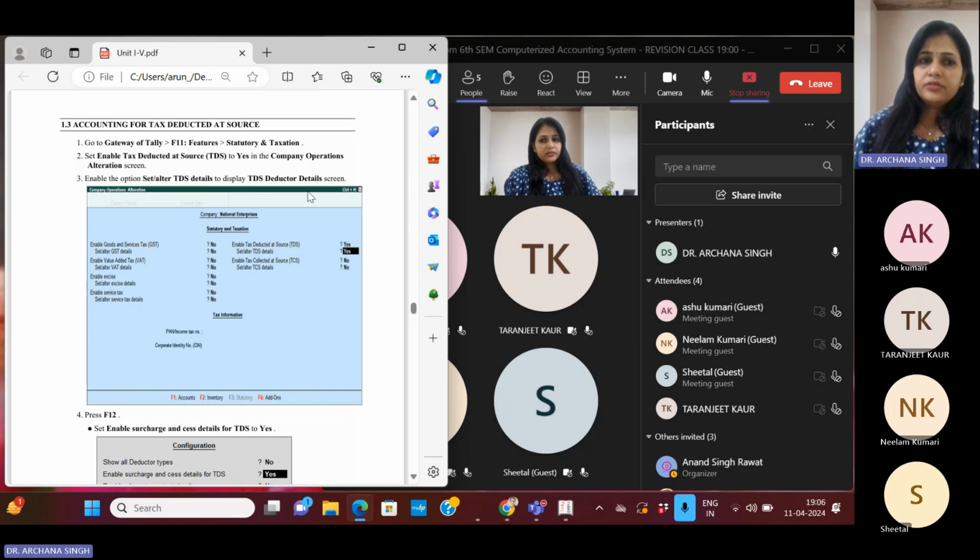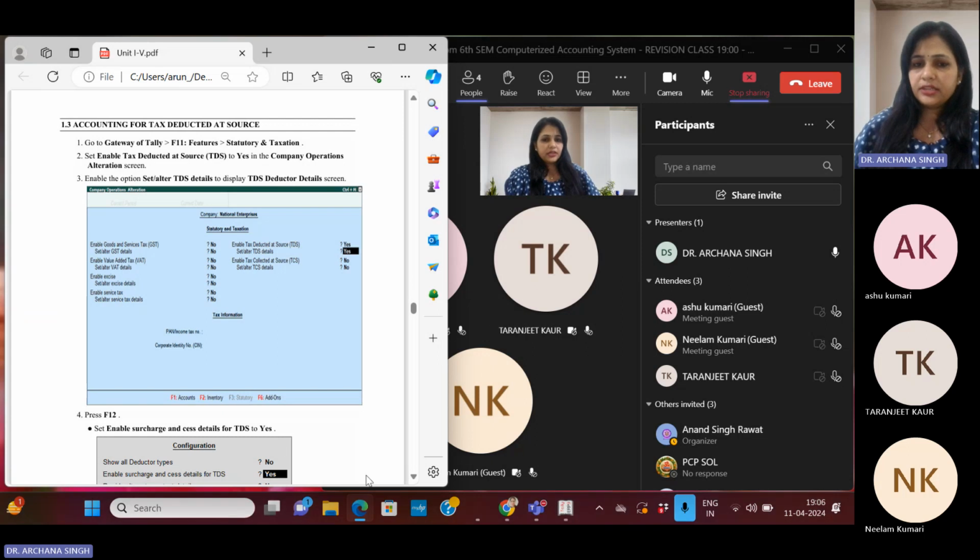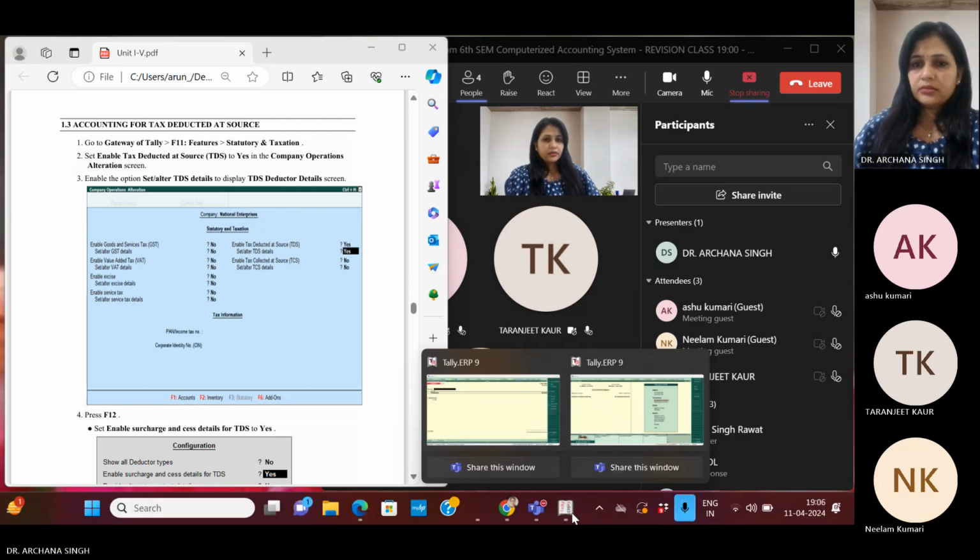So first of all you have to go to the Gateway of Tally, then under the statutory features option, go to statutory and taxation, and select that option that I'm showing you.